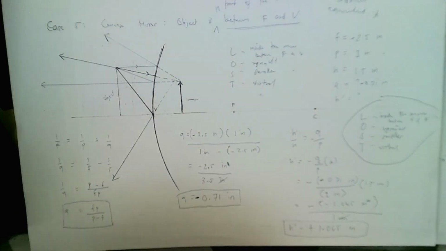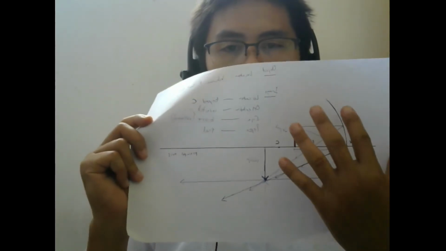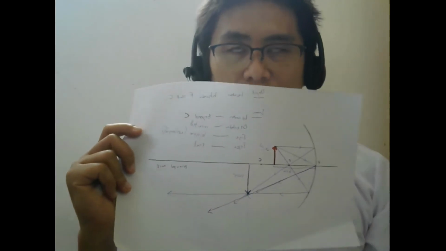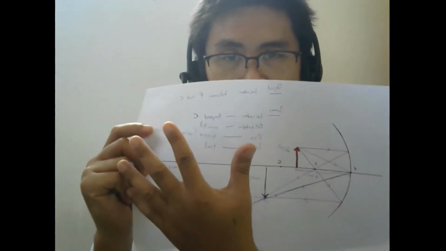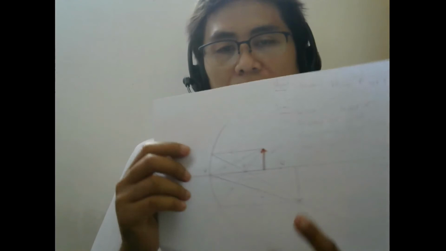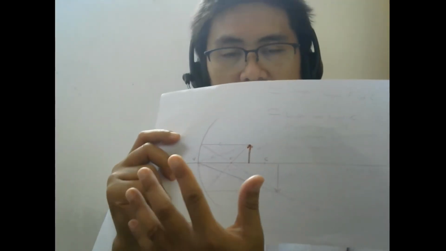Okay? So on your performance task, that is what you do. So typically you will have the ray diagramming part on one page, and then all the mathematical part on the other page.